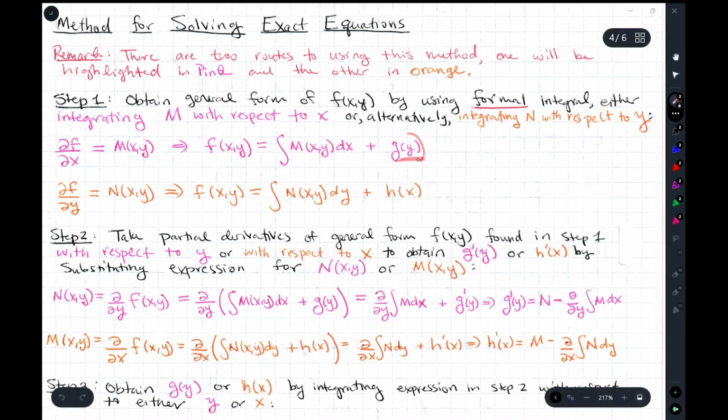One might say, how is it a constant when it's a function of y? Well, because when I take the partial derivative with respect to x of this right-hand side, I'll get back m.